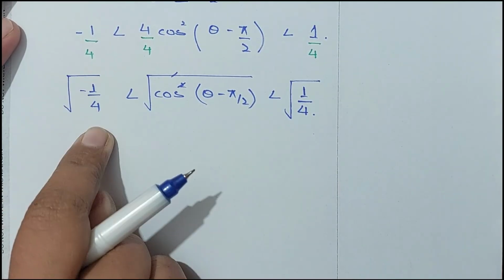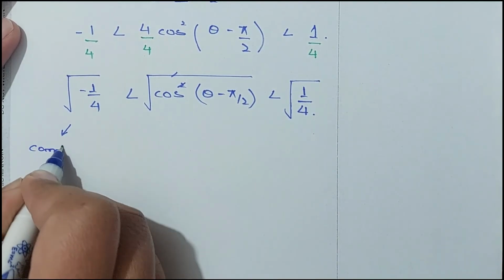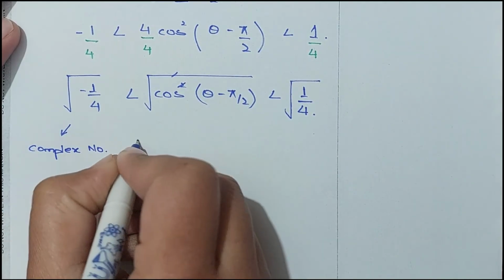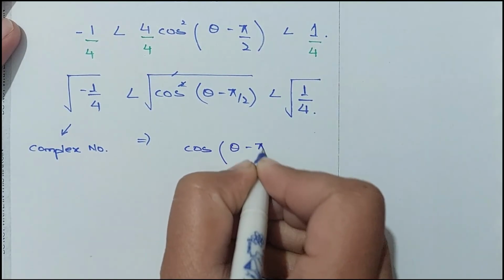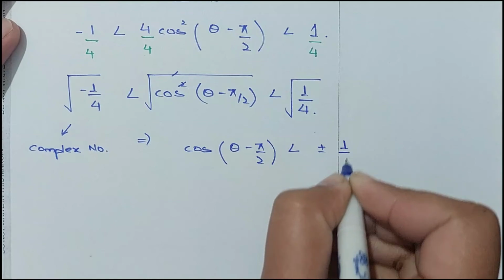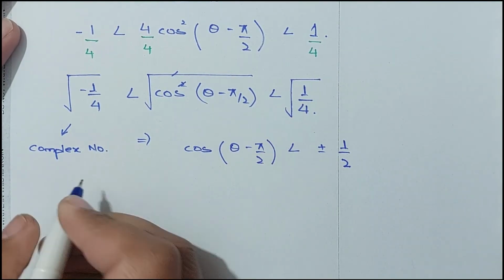Square root of negative 1 by 4 would give a complex number. We are dealing with the real ones, not the complex ones. So we can say cos of theta minus pi by 2 should be less than plus minus 1 by 2, because root of 1 is 1, root of 4 is 2.